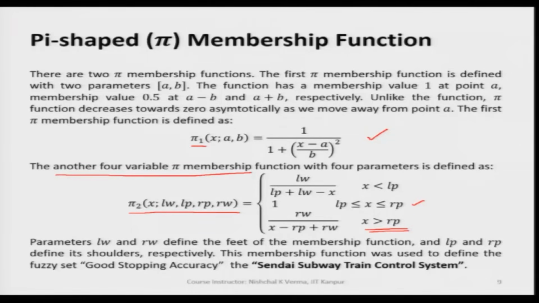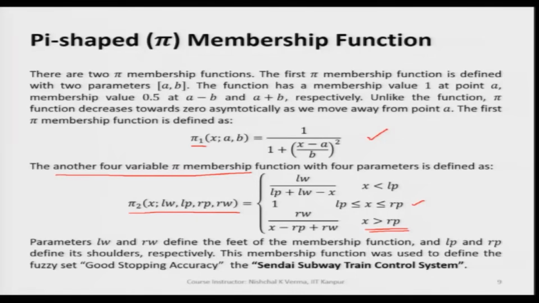The first type of pi membership function is represented by pi 1, which is clearly mentioned here, and the other type is represented by pi 2.